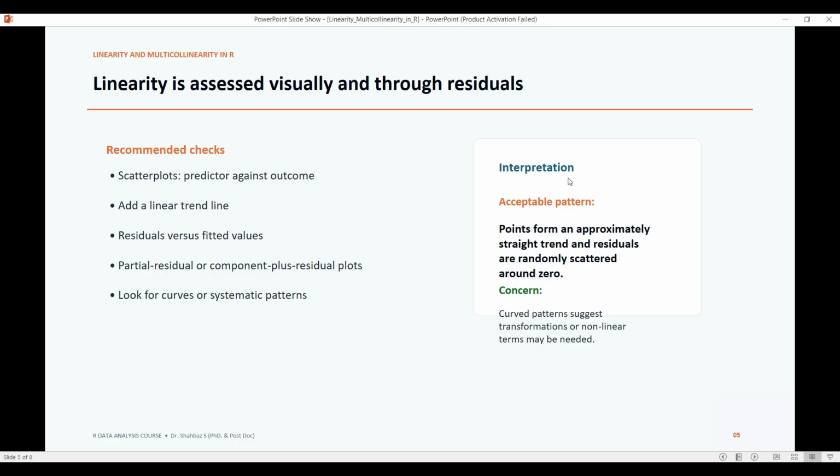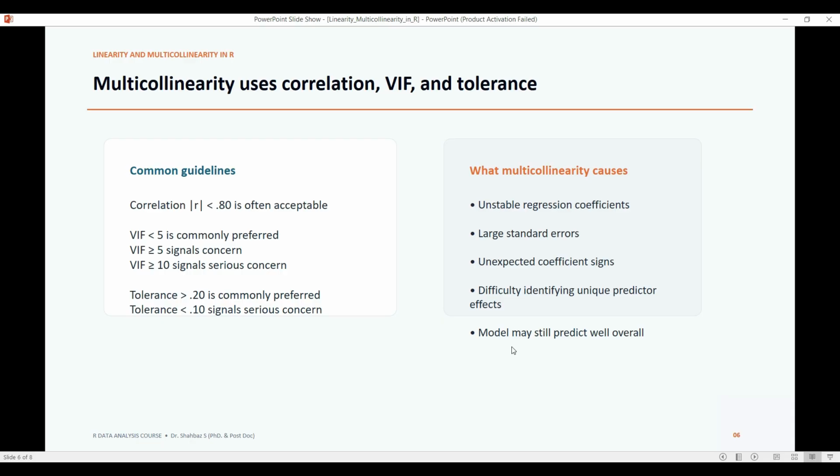We will interpret the finding as acceptable if points form an approximately straight trend and residuals are randomly scattered around zero. On the other hand, if we don't find the points around zero, then curved patterns suggest transformations or non-linear terms may be needed.